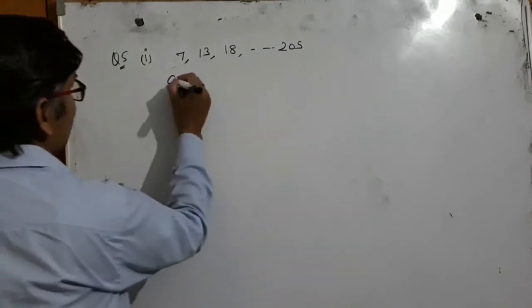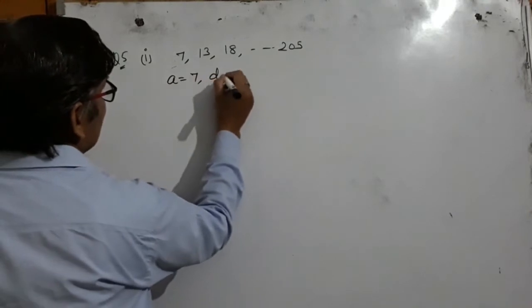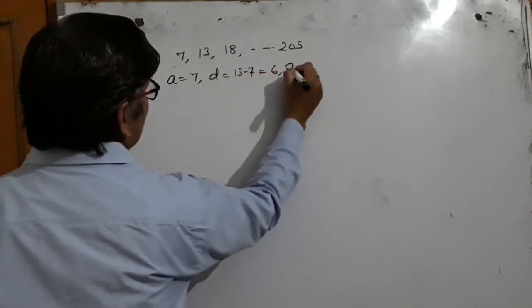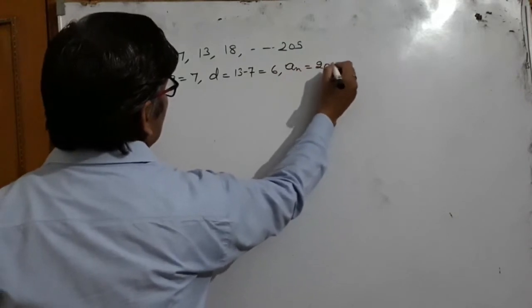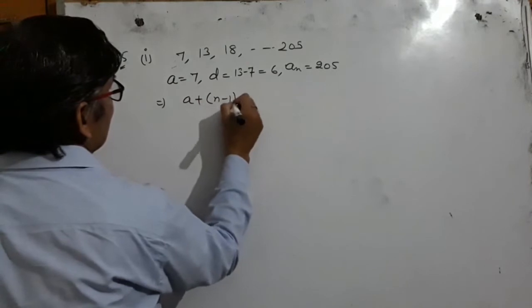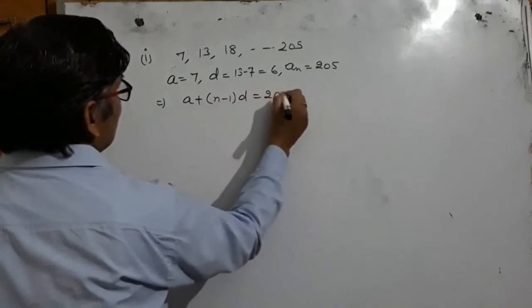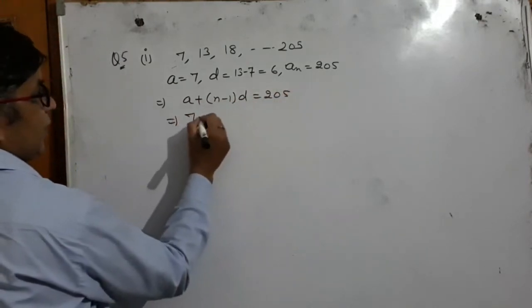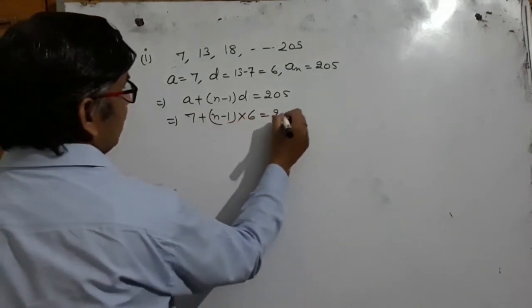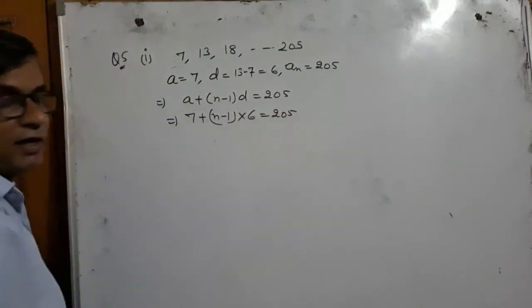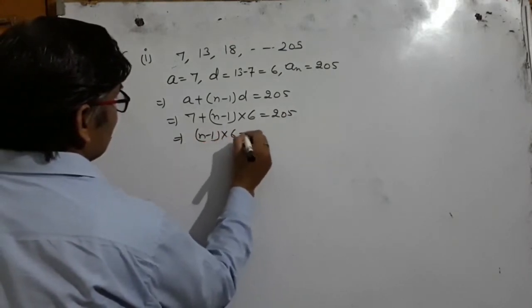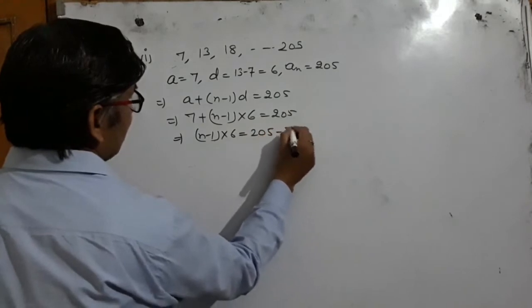So a is 7, d is 13 minus 7, that is 6, and an equals 205. So a plus (n minus 1) into d equals 205. So a is 7, d is 6, and an is 205. Shift 7 over: (n minus 1) into 6 equals 205 minus 7.